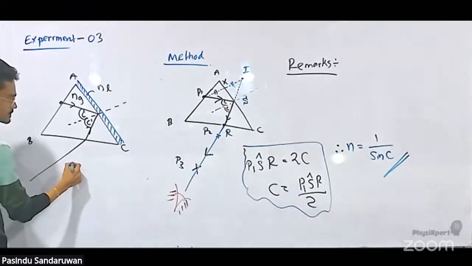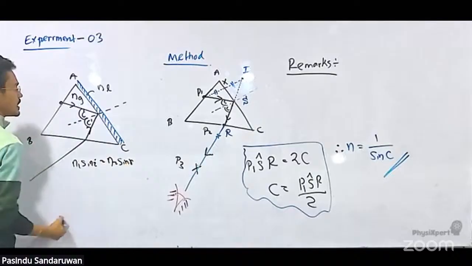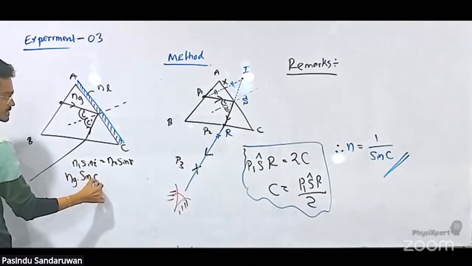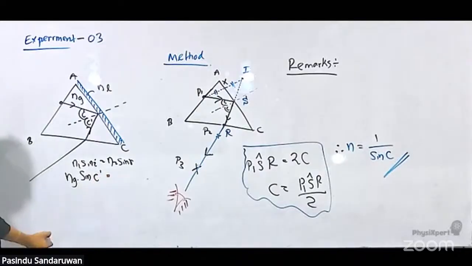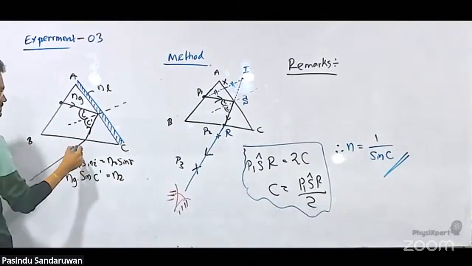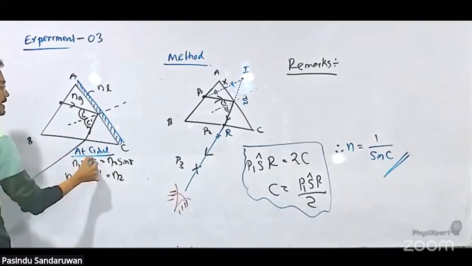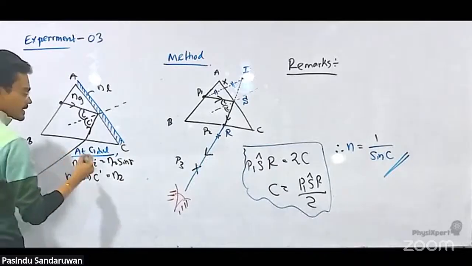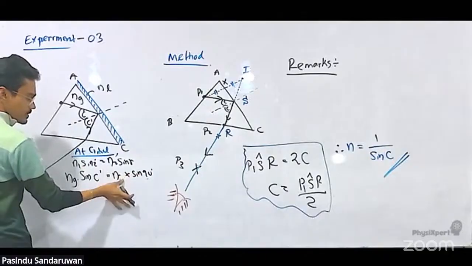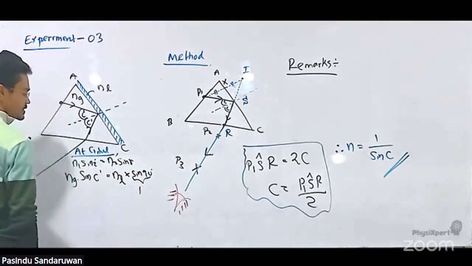Then N1 sin I equals N2 sin R. At the critical point, at critical angle, N glass sin C dash equals N_L sin 90, and sin 90 is 1.